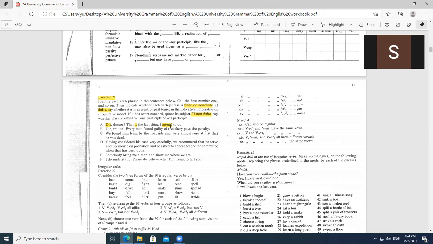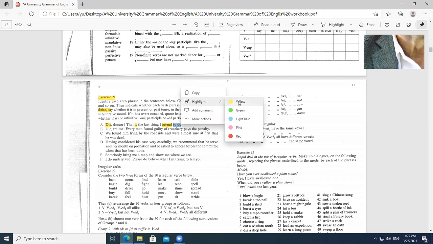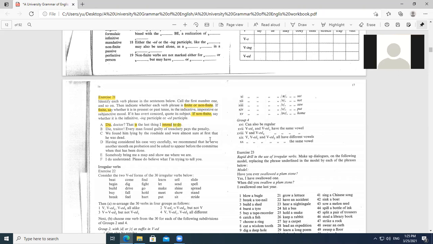Indicative. Then we have "to do". Finite or non-finite? Non-finite. Is it an infinitive? Yes, infinitive. Good. So we have four verbs: die, is, intend, to do. And to do is non-finite.